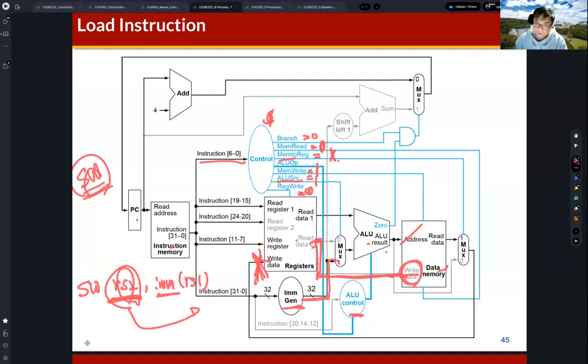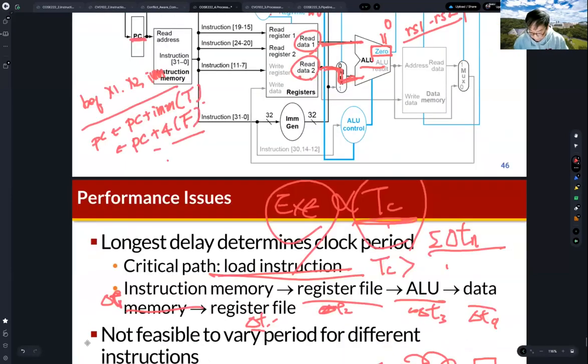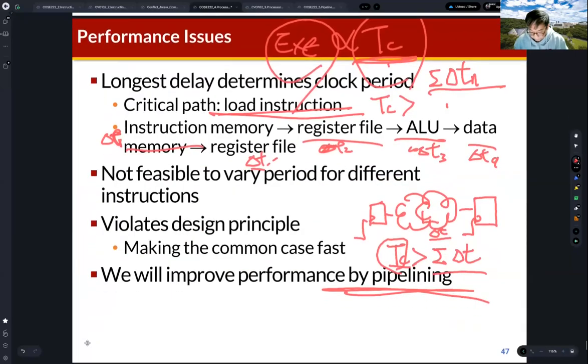And MemWrite should be 1, because the data is written to the data memory. So I want to clarify these control signals for the store word instruction.